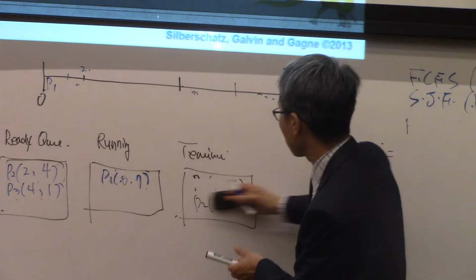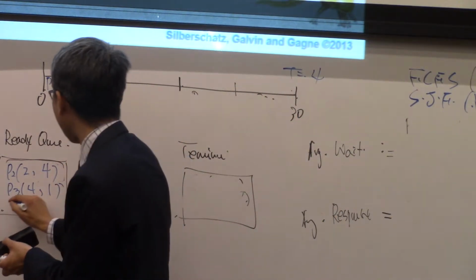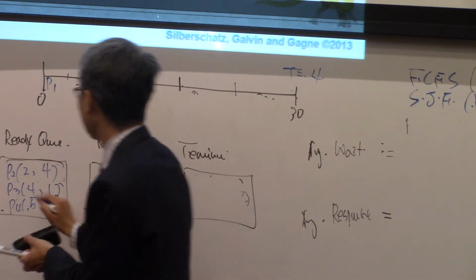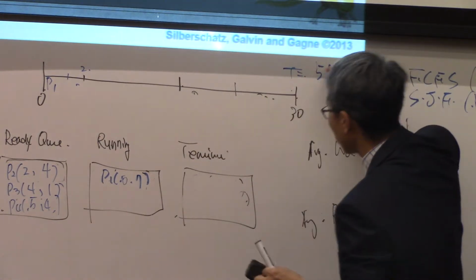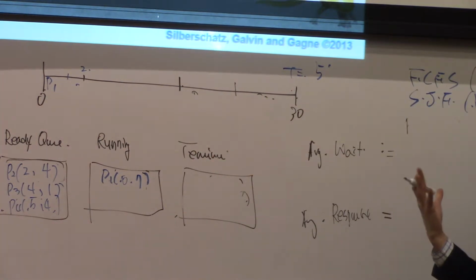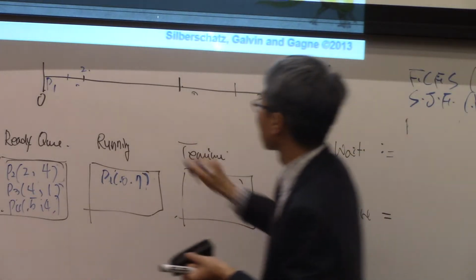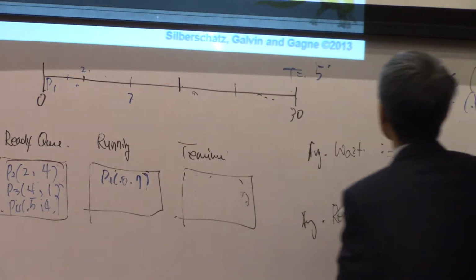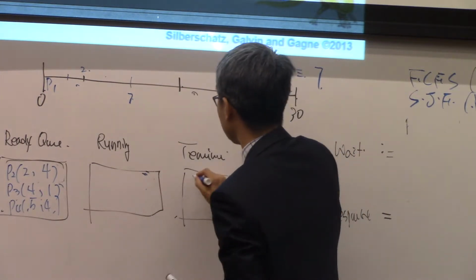Still, it's not changing because it needs 7. And at time 5, P4 arrives. So currently at time 5, P1 is still running because it's a non-preemptive case. We will see the preemptive case later. It runs until time 7, when finally P1 is terminated.